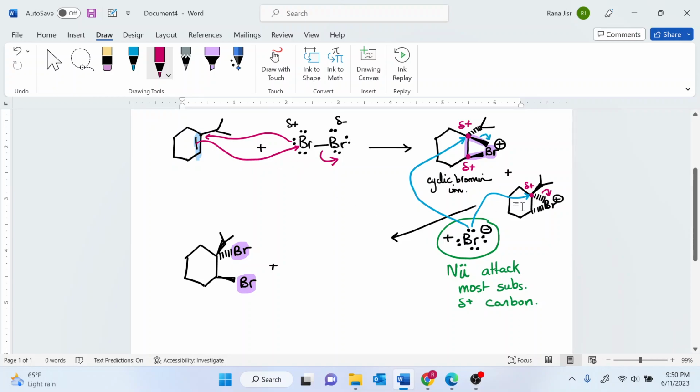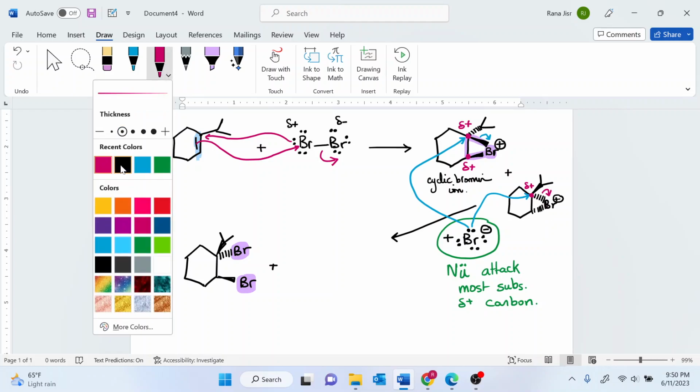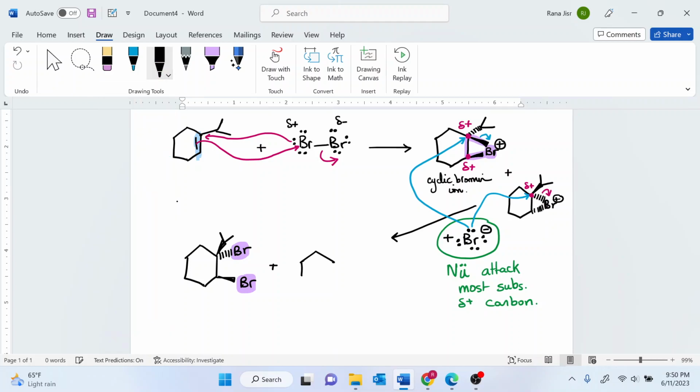Notice that when it opens up, this carbon is going to have now the bromine which is at the back. It's going to stay at the back. However, now my nucleophile attacked in front, so the bromine stays at the back. So now my bromine is going to be in front.